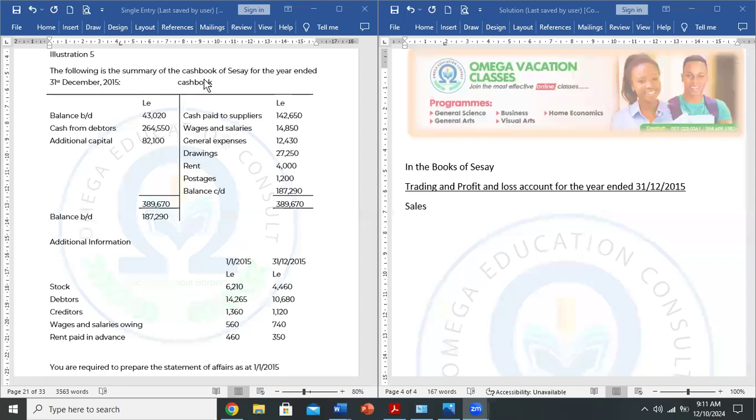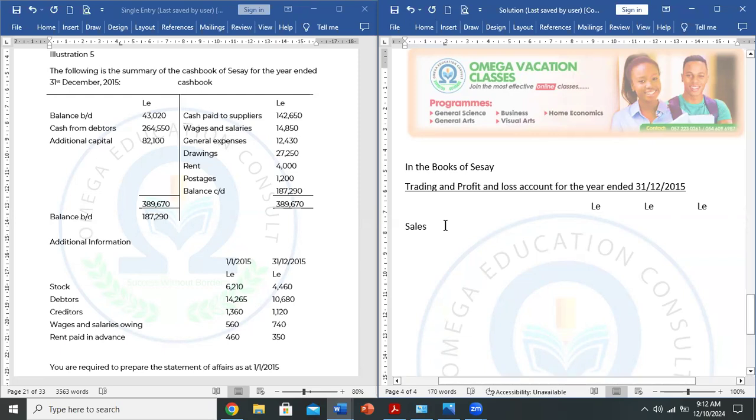So let me put my currency there. LE. Okay, thank you for that.